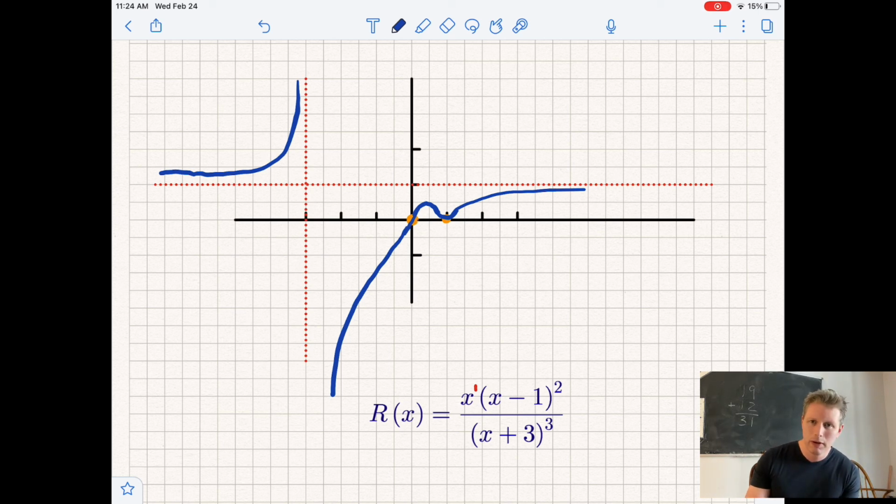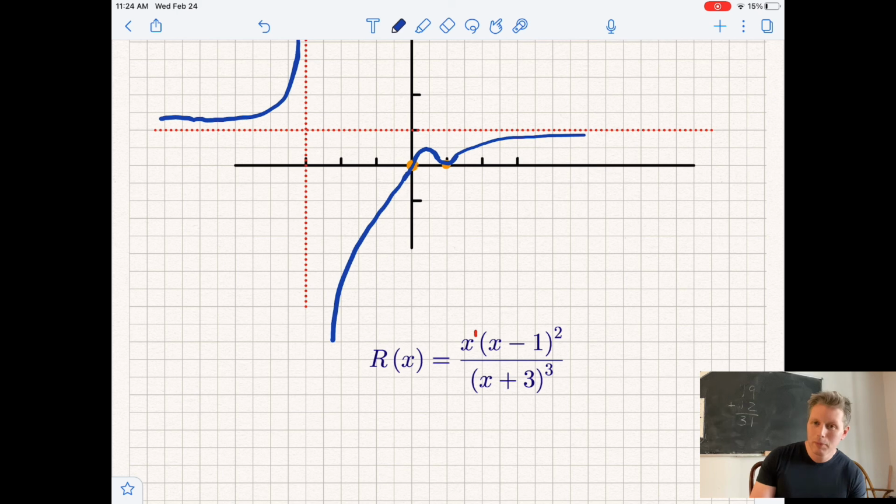And it is important that we understand how the multiplicities, both in the numerator and the denominator, on those factors, whether it be the factors that are giving us our x-intercepts or the factors that are giving us our vertical asymptotes, how the multiplicity on those factors determines the behavior of the function either at those x-intercepts or either side of those asymptotes. All right, so that's what I would expect roughly my function is going to look like.